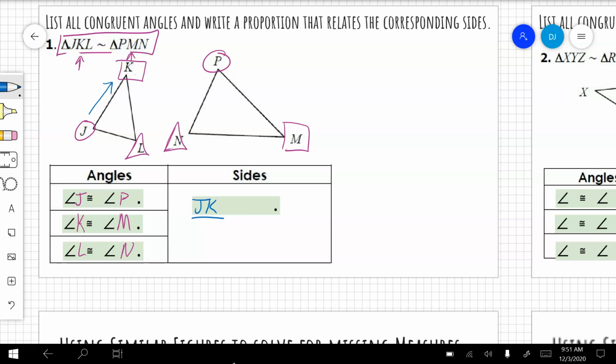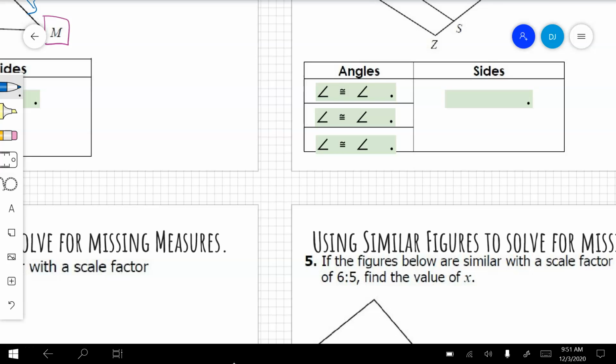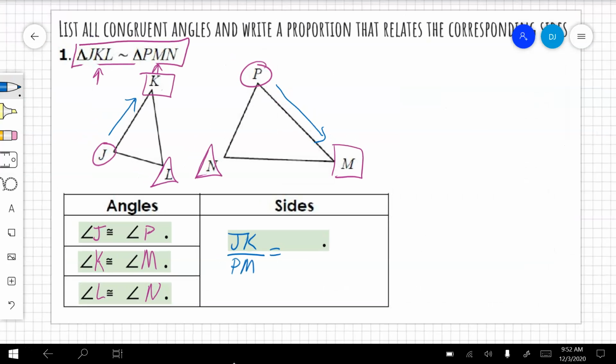So from circle to box, JK is going to end up divided by, because it's the ratios of the sides, that's going to be PM. It's going to be equal to, I'm just going to keep going in the same direction here. So we end up having KL divided by MN. And we're going to do some math on this so that you can see this. And then that's going to be equal to our last, which is LJ divided by NP.